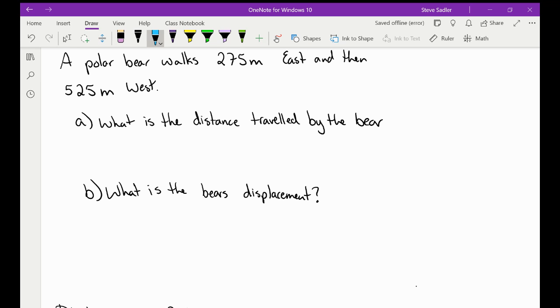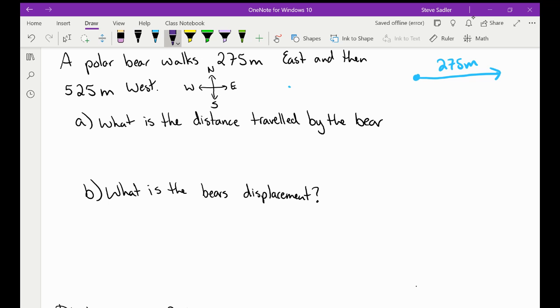Well, we can draw a picture. Sometimes that's nice. So if you're not sure about your directions, north, east, south, west. So let's draw what the polar bear has done. So he started here and walked 275 meters east, and from there he then walked. I did not think this through. Man, planning today is not my thing. Let's move that right there.